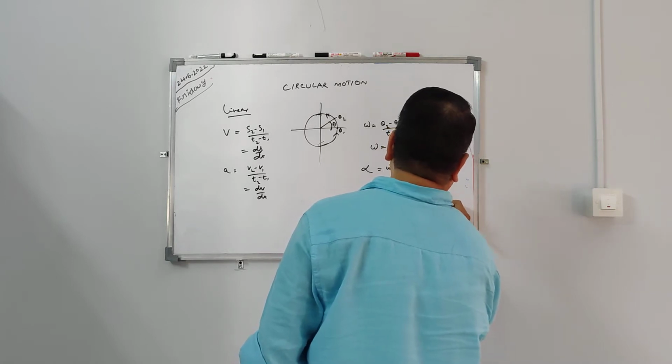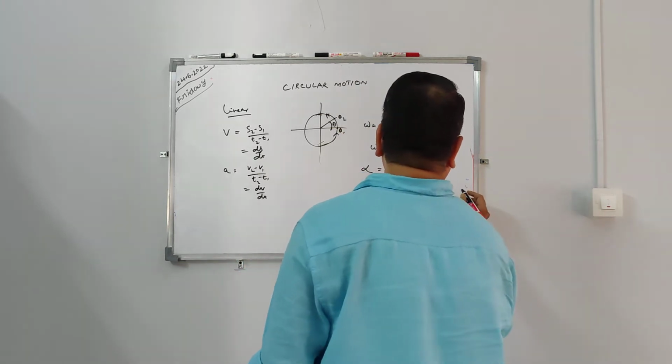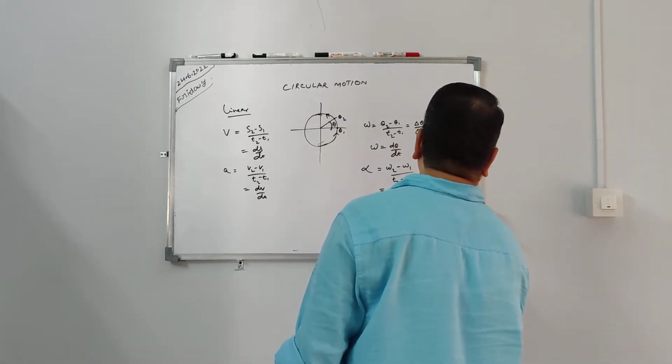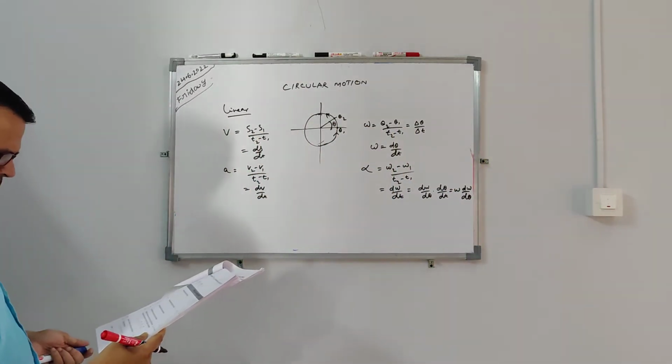That is the chain rule. And d theta by dt is nothing but your omega. So you can also write it as omega into d omega by d theta.